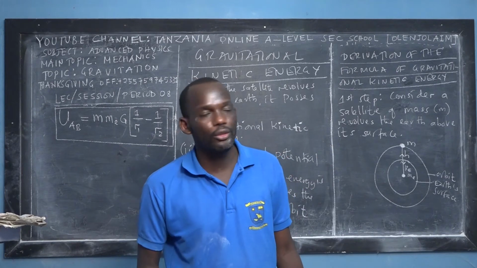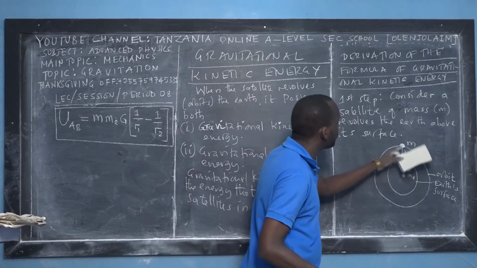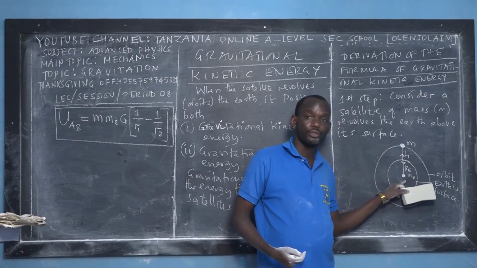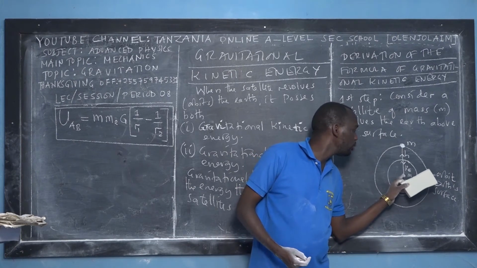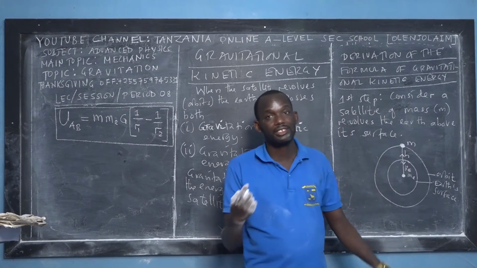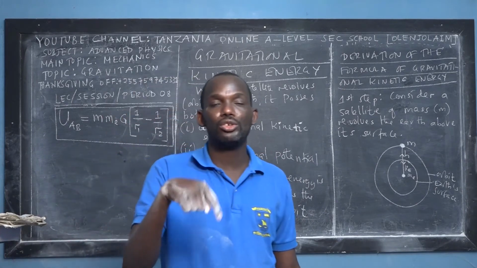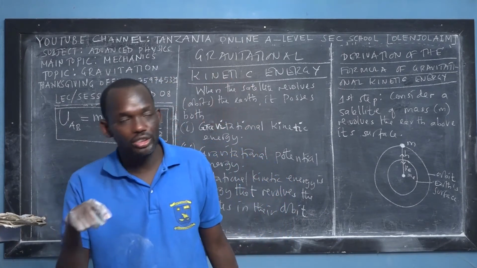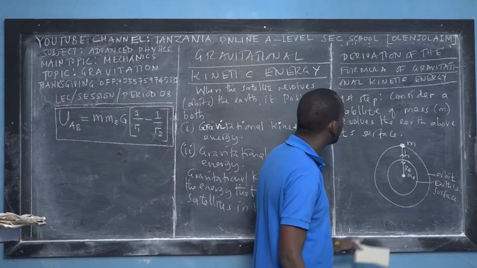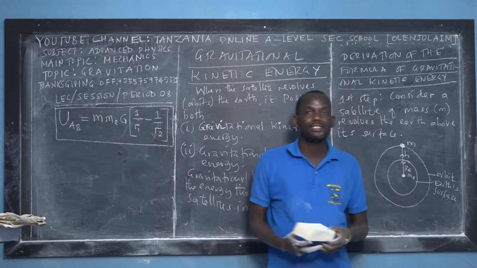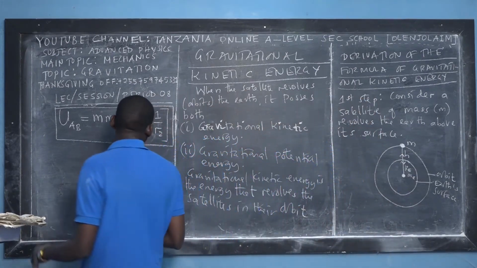And this centripetal force is always directed toward the center. Centrifugal force is always directed away from the center. So in order for the satellite to keep orbiting in its own orbit, this centripetal force should balance with a certain force of attraction.